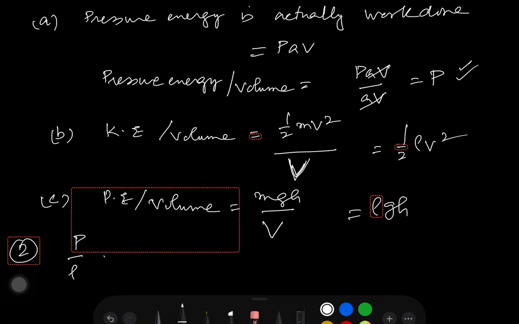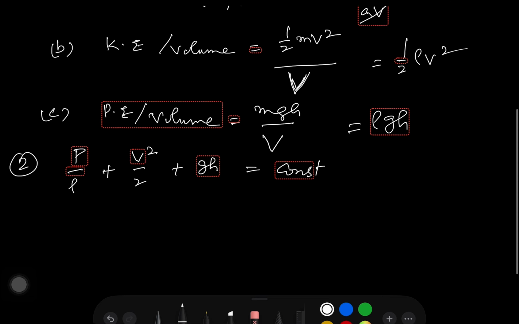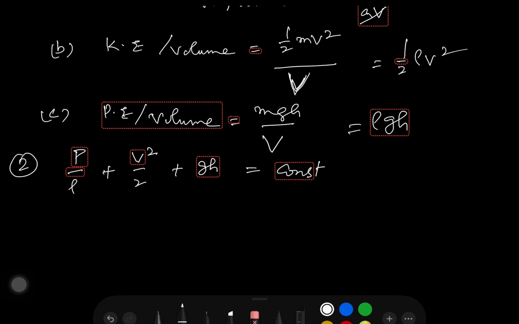It is a very, very important point for competitions, medical entrance, IIT. Now the next version of Bernoulli's theorem is P upon rho plus V square by 2 plus gh is equal to constant.